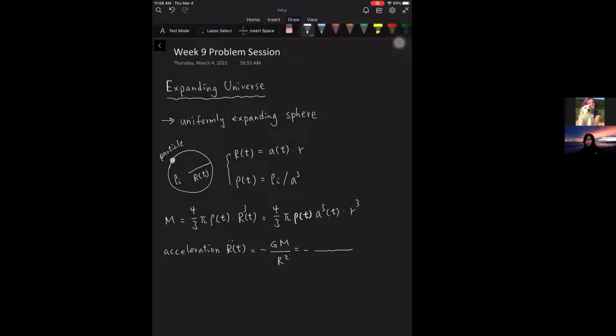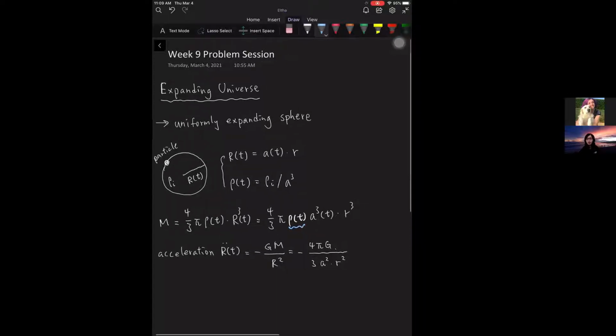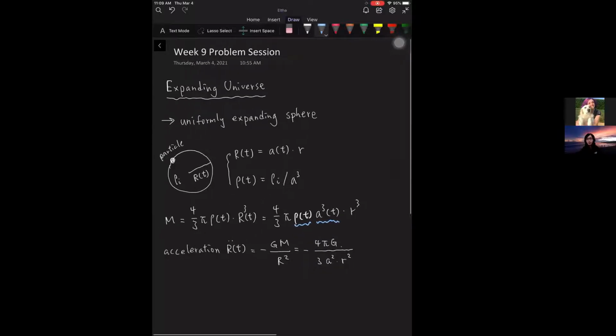So R squared is just a squared times small r squared. And then the mass can be written as 4/3 pi, and then a G here. Here is a rho of t term, right? Rho of t times a cubed of t. From the density equation, we know this is just rho I, right? We have rho I equal to rho of t times a cubed.